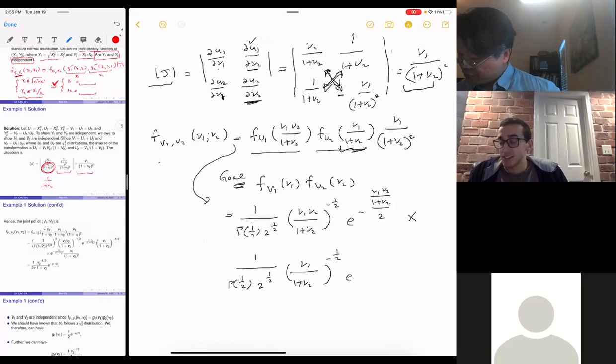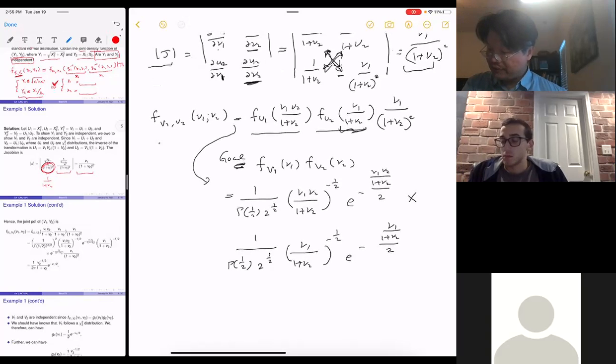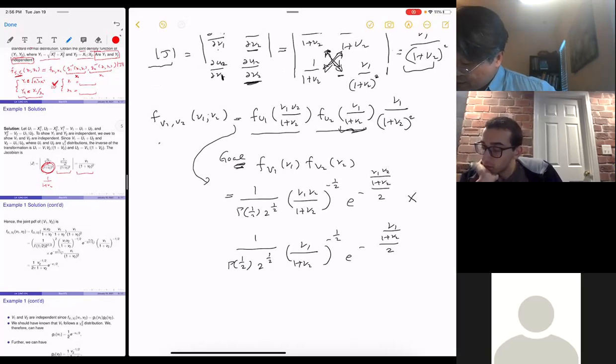Then exponential minus V1 over 2, 1 plus V2. Okay? I'll give you a second to imagine what I'm doing right now. So really, I take the form of the PDF of U1 chi-square, U2 chi-square, right? Form of PDF.